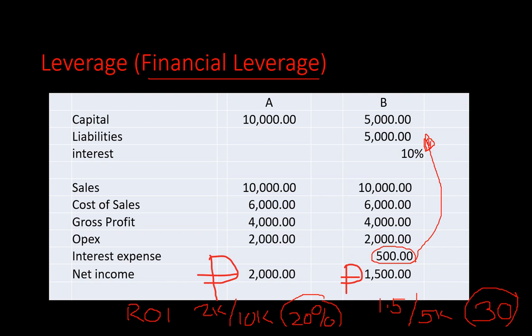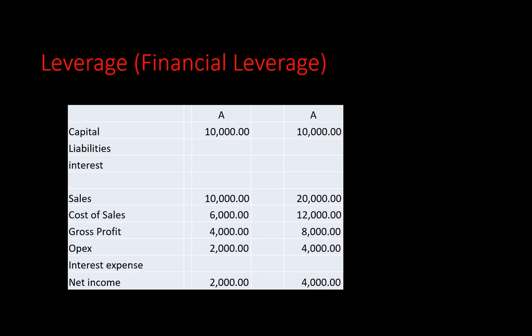Okay, now let's continue. Assuming you were able to, let's say, double your operations because it's successful now. From 10,000, your sales became 20,000. Let's try to analyze option A. So assuming this is a good year for us, your sales from 10,000 went up to 20,000.